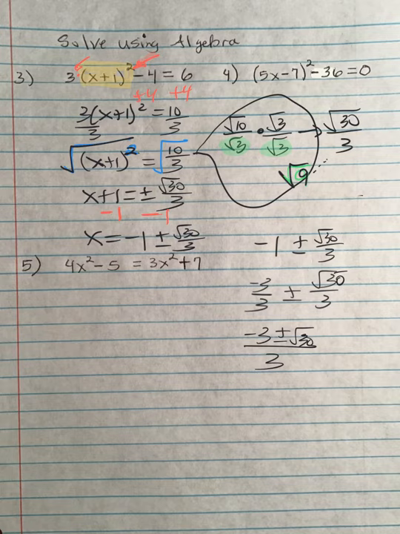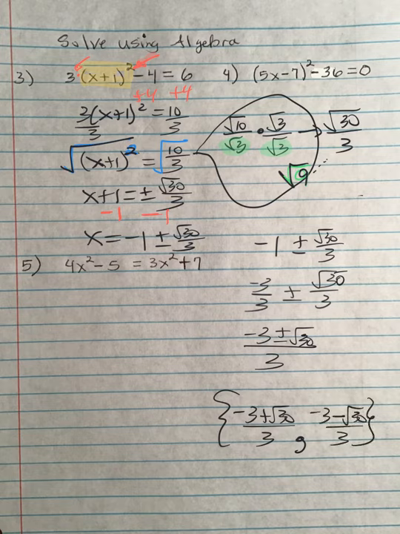So the second one is going to be, and we can write it 2 different ways. We can write -3 plus the square root of 30 over 3, comma, -3 minus the square root of 30 over 3. Or we can just leave it like this, because doesn't this mean the same thing? So don't these mean, aka, also known as, the same thing? Right?